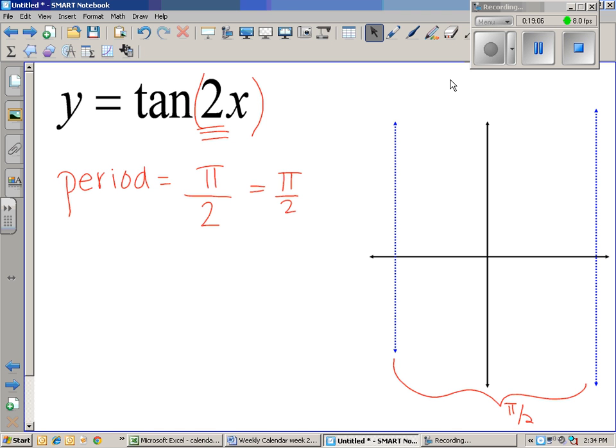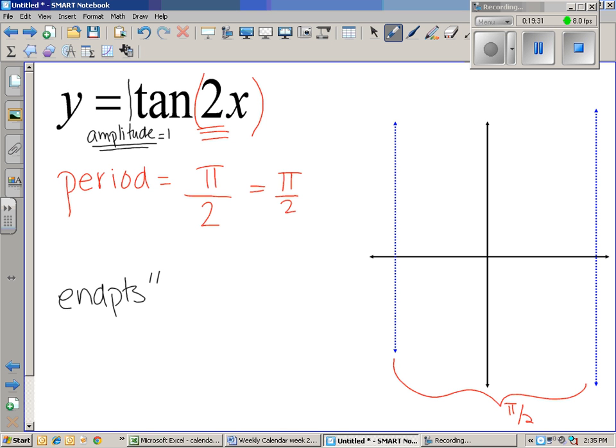I don't know where they are yet, but I know they're going to be pi over 2 apart. So now I say, okay, my multiplier, my stretch factor, my amplitude, and this is only for the first 2 dots after my 0. Okay, my amplitude is going to be 1. And then I'm going to come down here, and I'm going to do 1 cycle.